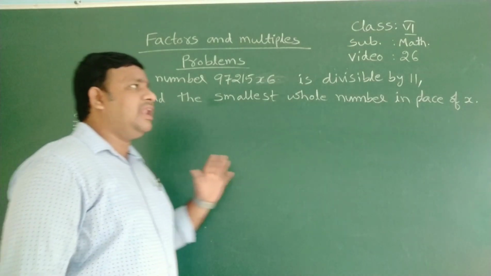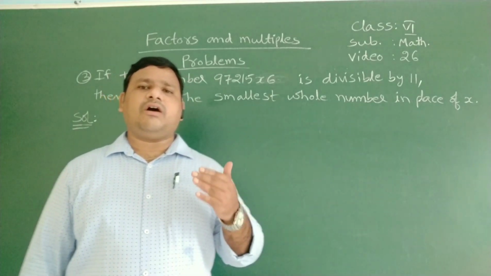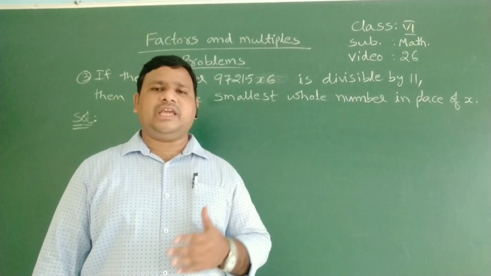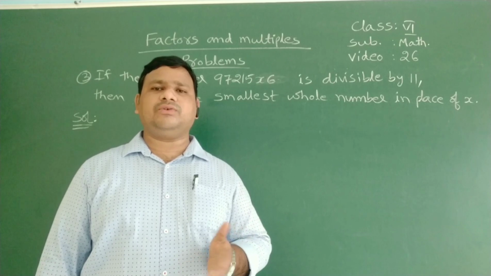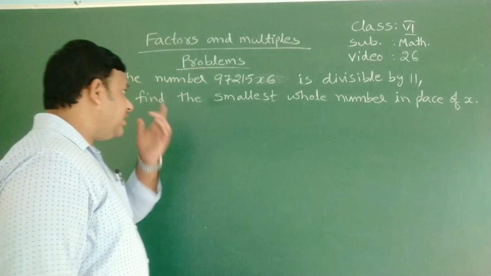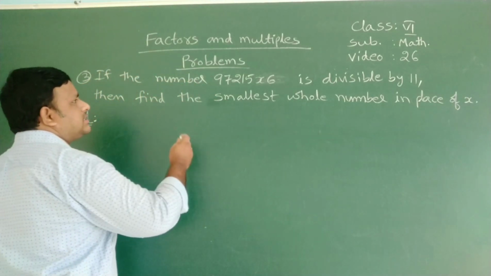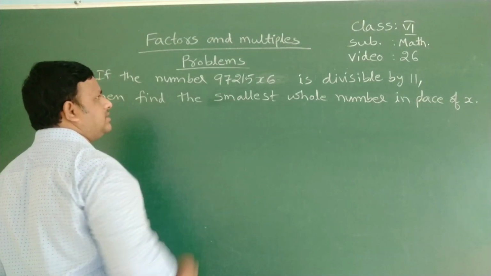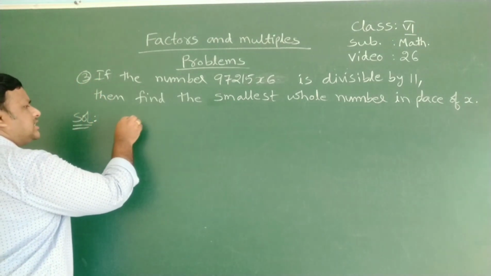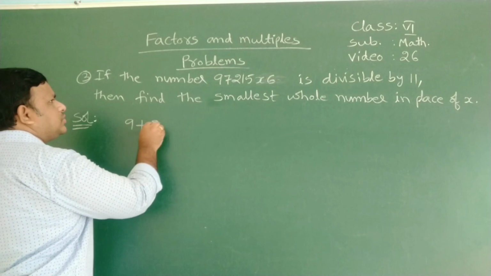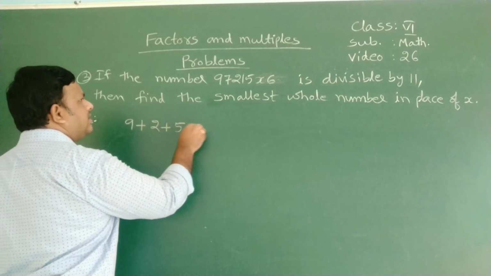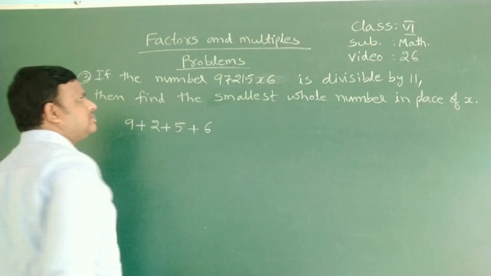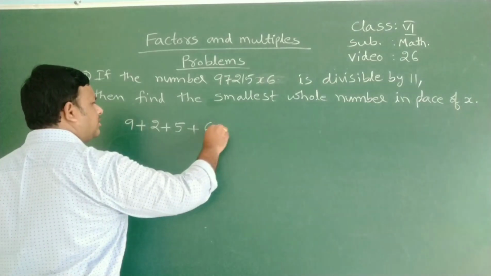First of all, the 11 divisibility rule is: odd placed digits sum, even placed digits sum, we have to take the difference. That's why I am going to add the first, third, fifth, 7th digits. The first digit is 9, third digit 2, fifth digit 5, 7th digit 6. These are the digits in the odd places.